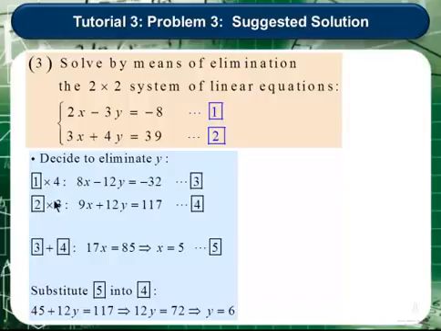Why is that? Well, if we multiply equation 1 by 4, the coefficient of y becomes minus 12, and if we multiply equation number 2 throughout, left and right hand side, by 3, the coefficient of y becomes plus 12.